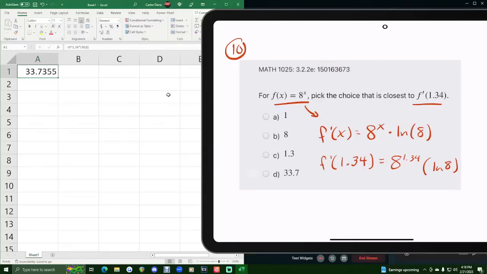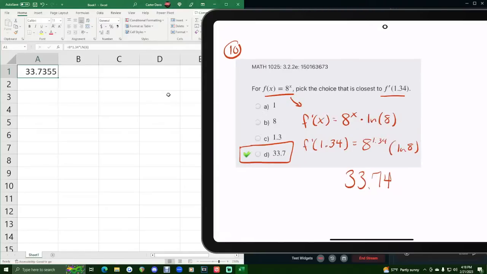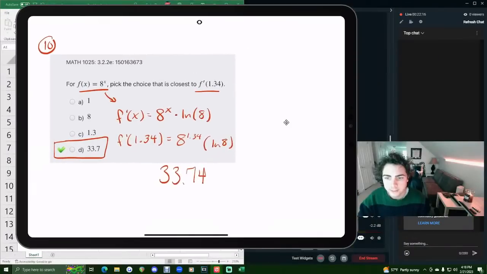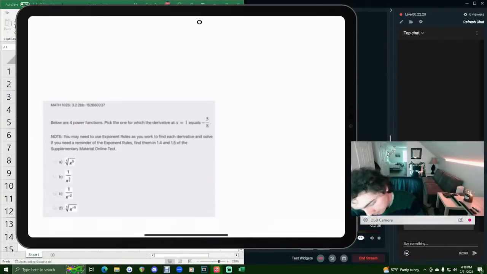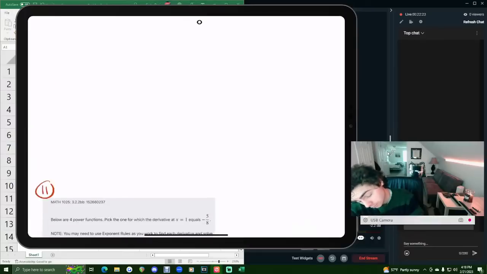And we get 33.74. And rounded, we have 33.7. And that's all there is to it. Hope that makes sense. Let's keep going through it. That was number 10.